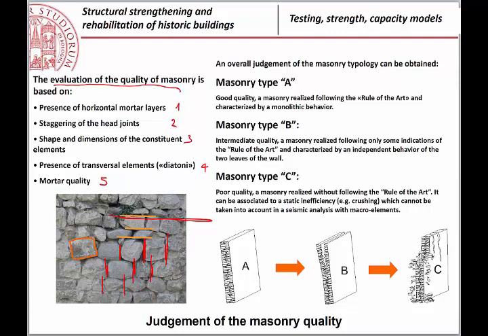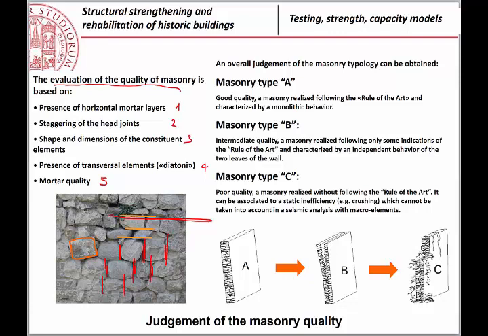If you have great big blocks, typically the quality of the masonry and the strength is greater, especially if the big blocks are also very well cut. If they are small, it is almost like the gravel of a river, so the quality is much worse. So shape and dimension is very important.